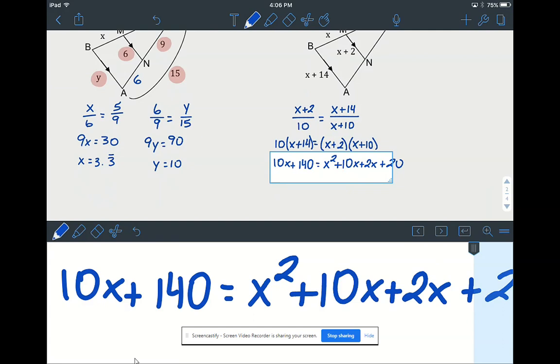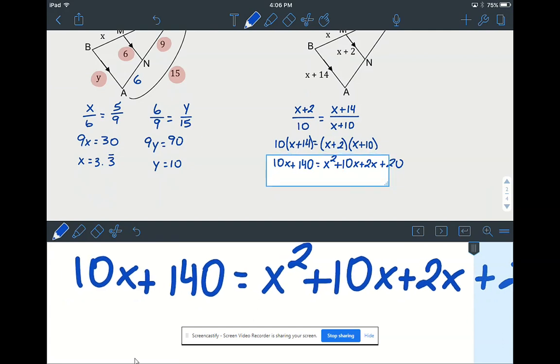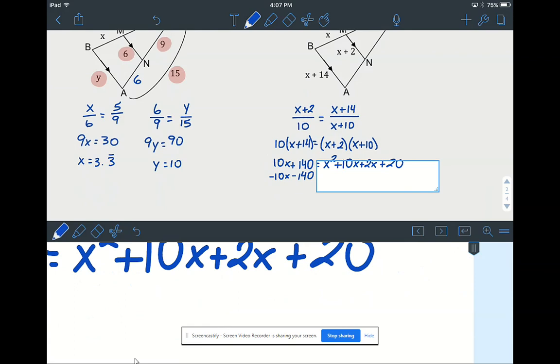So in order to solve by factoring, we have to get the quadratic equation equal to 0. In order to do that, we need to move this stuff on the left away to the right side, so that way we get 0 on one side. So I'm going to subtract 10x and then subtract 140.